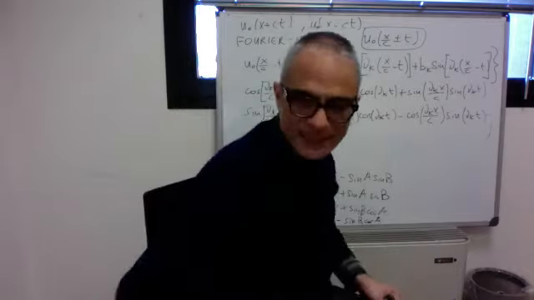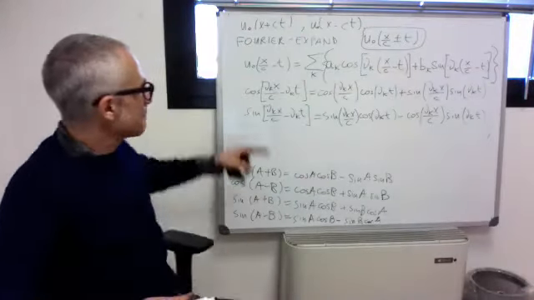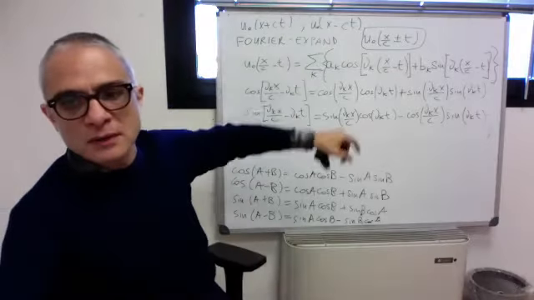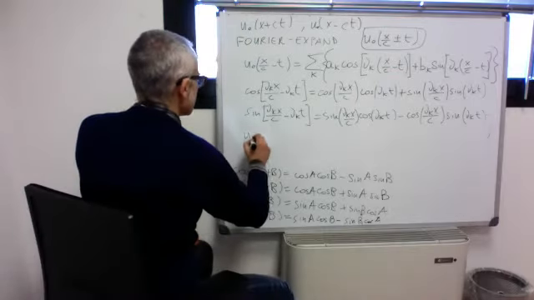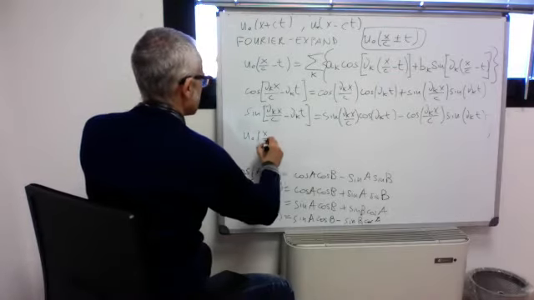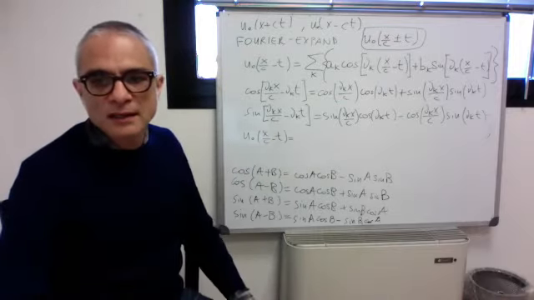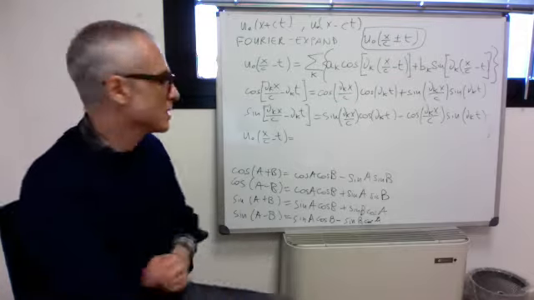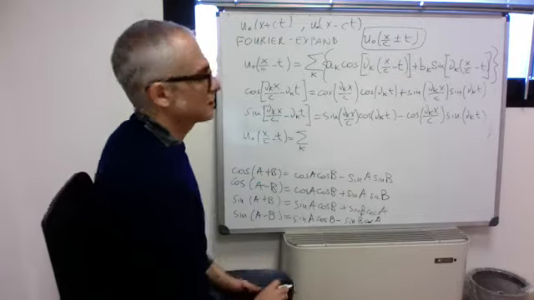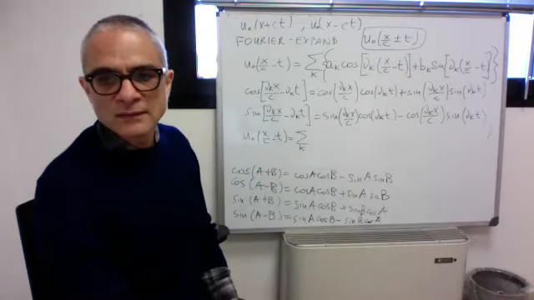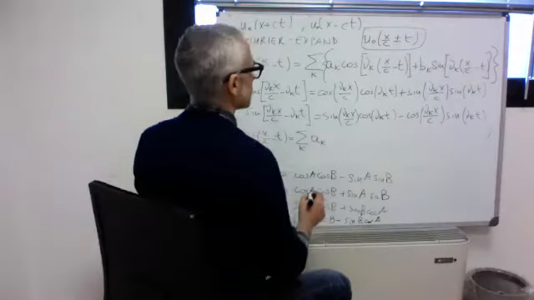Interesting. But let's get to the more general result. If I now substitute all that in my expression for u0 of x over c minus t, this requires a little bit of algebra, but I don't think it's terribly hard. So I'm just doing it quickly for you.